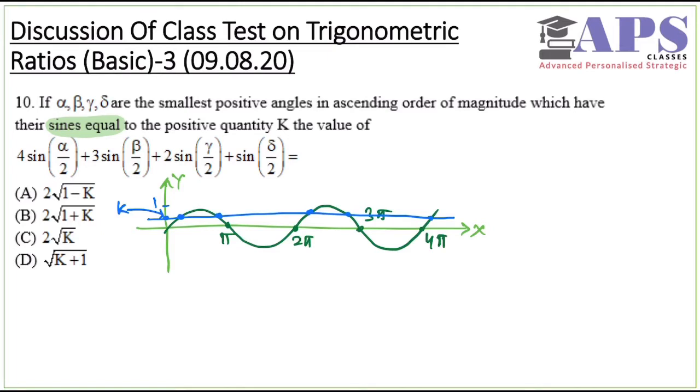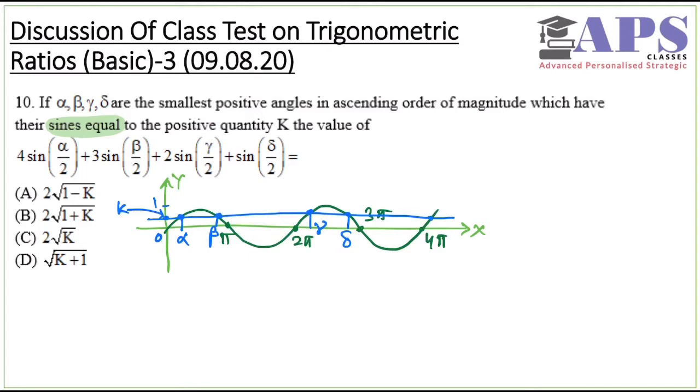Now this is origin, this point is k. So sine of some angle is equal to k, that angle is alpha here, and this angle is beta, this angle is gamma, this angle is delta, because it is told alpha, beta, gamma, delta are smallest positive angles in ascending order. So for all alpha, beta, gamma, delta, if I take sine, all the values will be k, that I can understand from this.